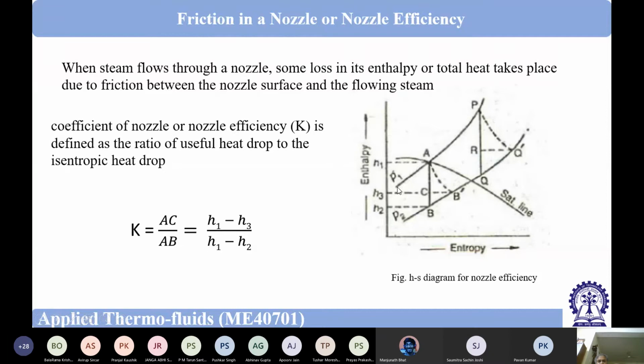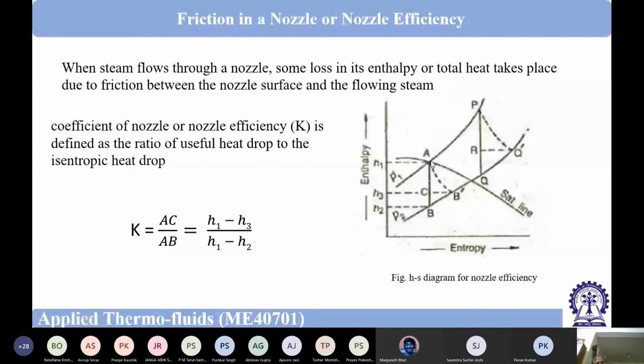So basically, there are two pressures. Actually, this is one pressure, higher pressure, and this is the lower pressure. And this is the saturated vapor line. This is saturated vapor line. And let's say this is saturated steam that is entering the nozzle.